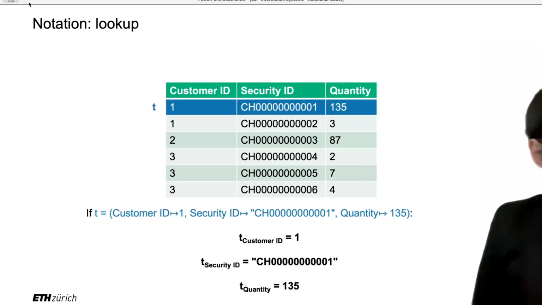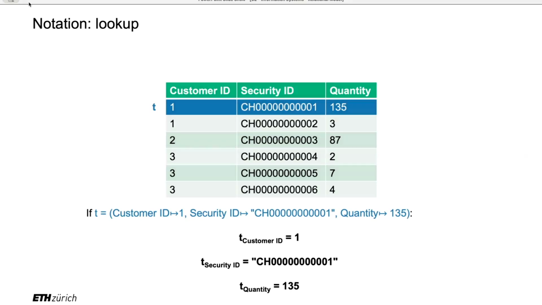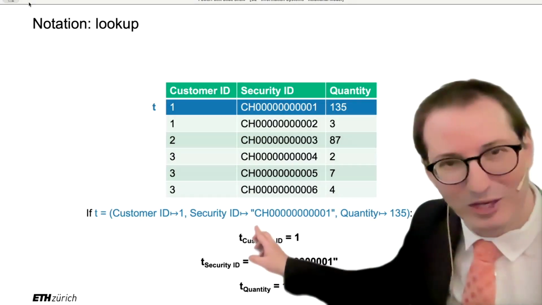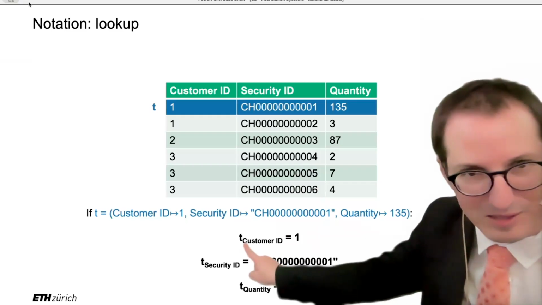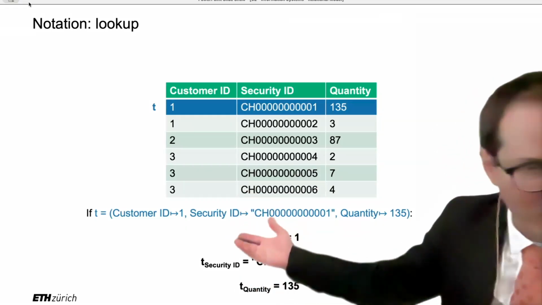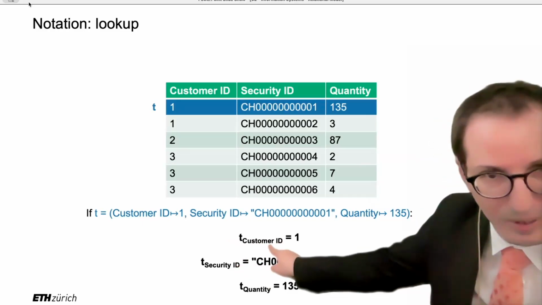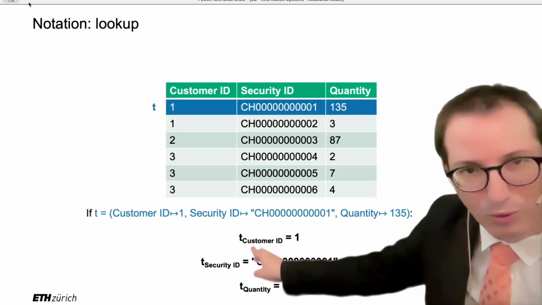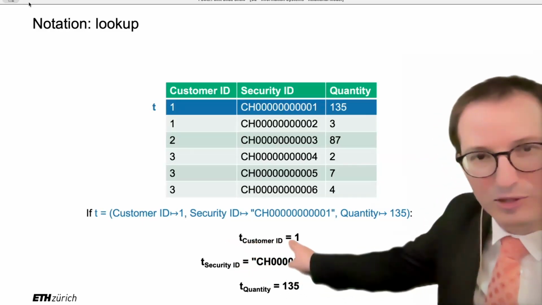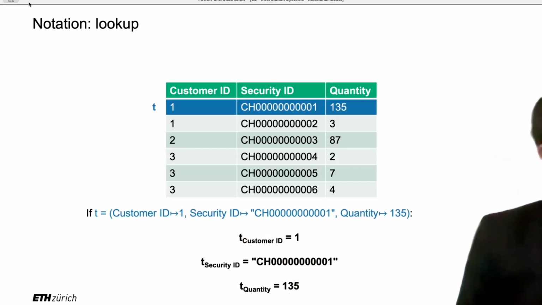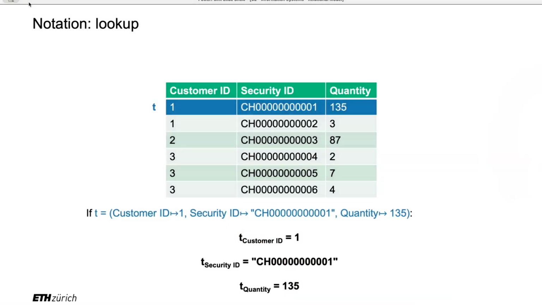Another convention when you do it with LaTeX, because in LaTeX you can use things you cannot do in a programming language, you can use subscripts and fancy formulas, then it's customary in theoretical exercises to put it as a subscript, right? So T customer ID as a subscript. It really means the value associated with customer ID in the record T. Okay, who is with me?